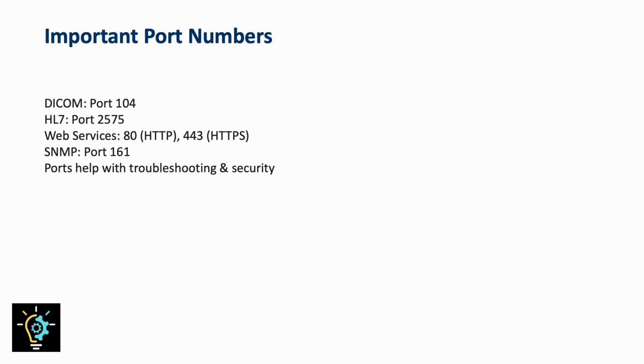Knowing these numbers helps with troubleshooting. If a port is blocked by a firewall, data might never reach its destination. In a hospital, that could mean critical patient data doesn't arrive on time. So engineers must be familiar with these details to ensure seamless and secure connectivity in medical systems.